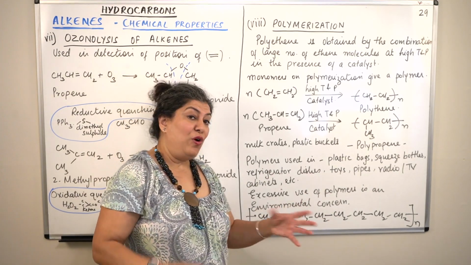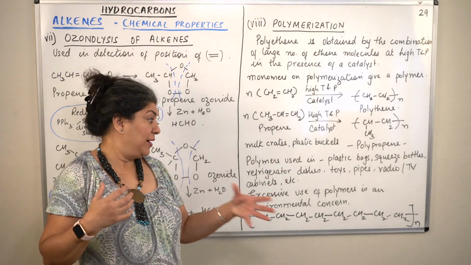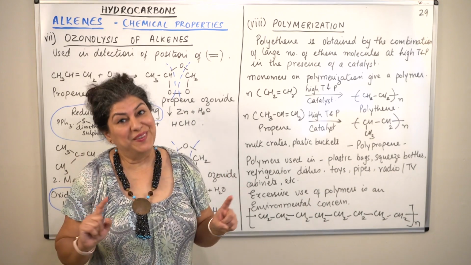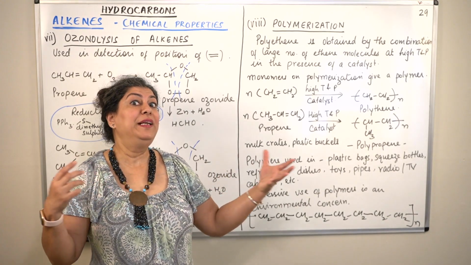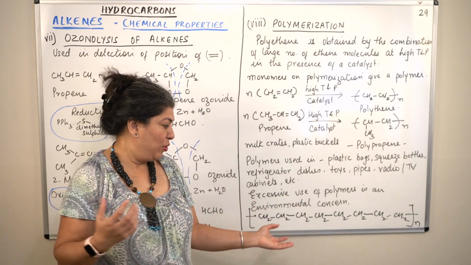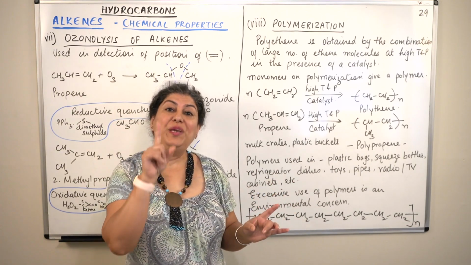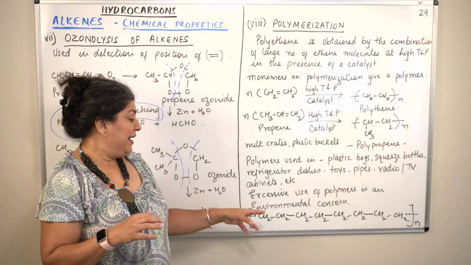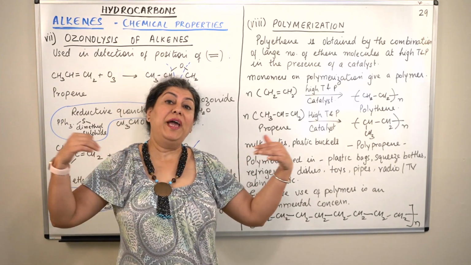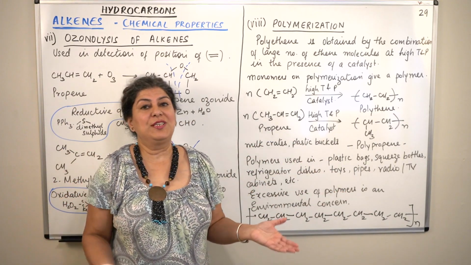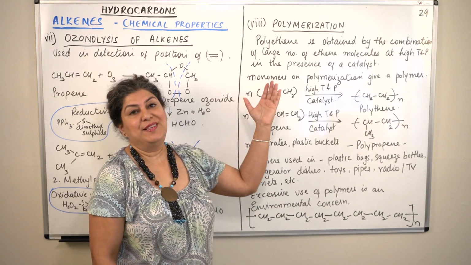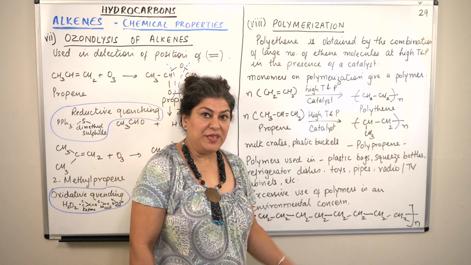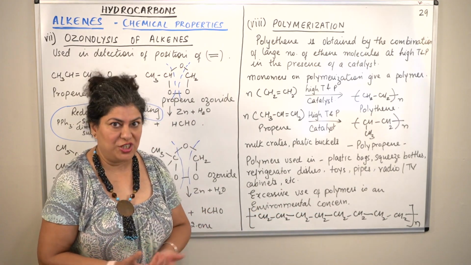But when it joins so many other ethene molecules, the giant molecule is known as a polymer. There is polyethene. Poly means many, mono means one. So when alkenes combine like this to form giant molecules, the process is known as polymerization. And polymerization results in a saturated compound which is far more stable.